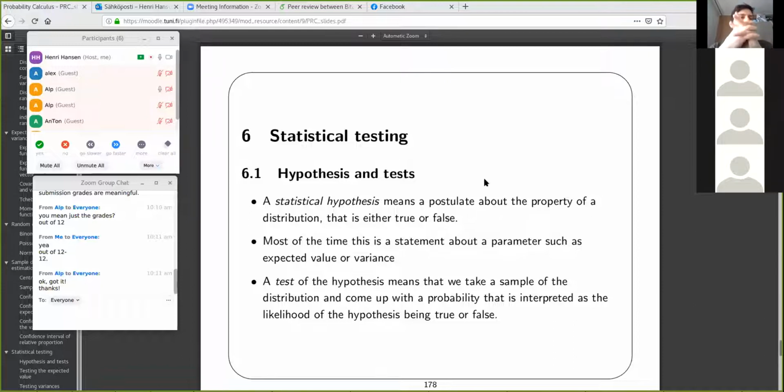And you're being conservative in the sense that you need strong evidence to support your alternative hypothesis, or in fact, not really support your alternative hypothesis, instead to reject the null hypothesis.